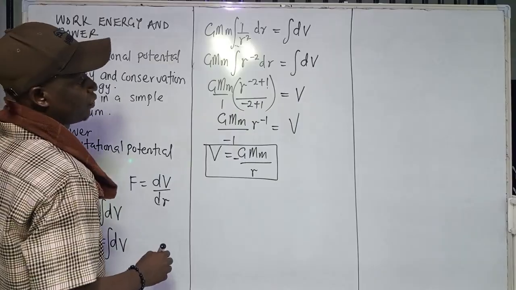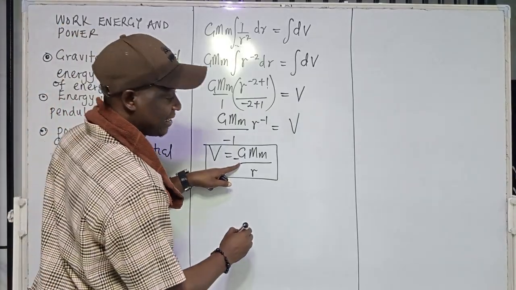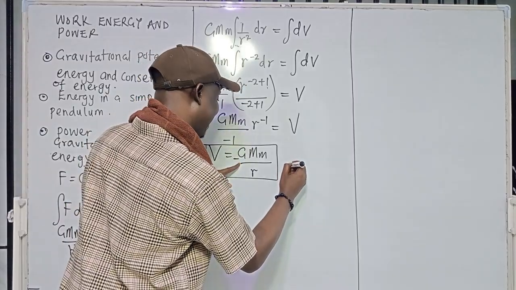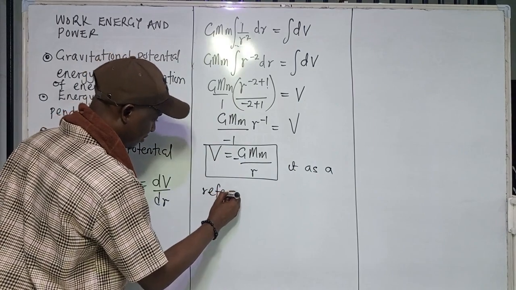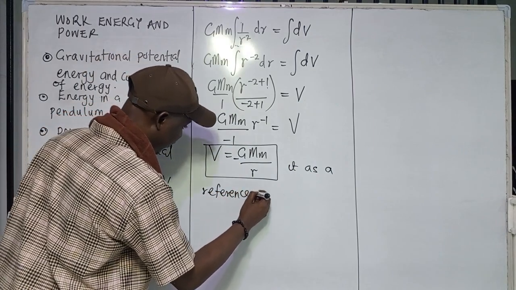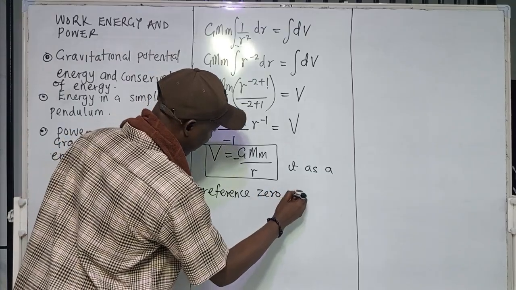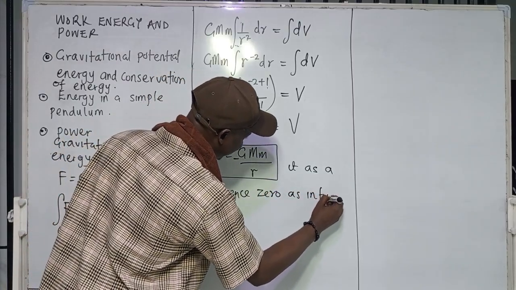Now, this minus sign indicates that it has a reference zero at infinity.